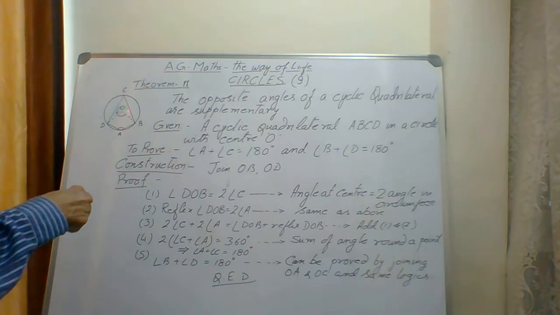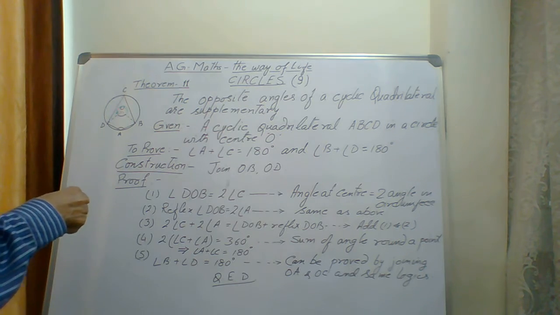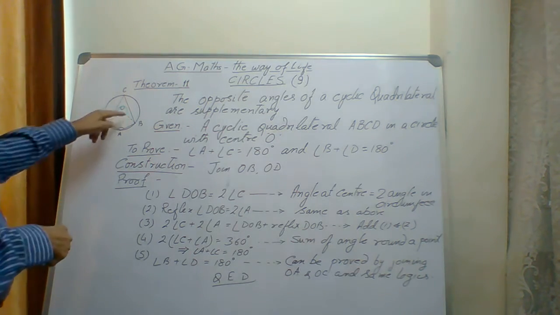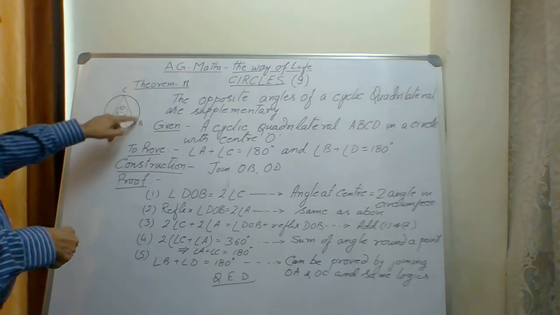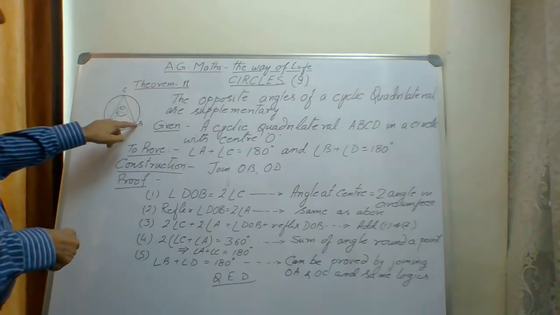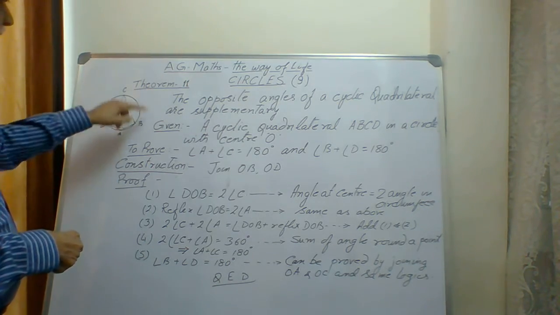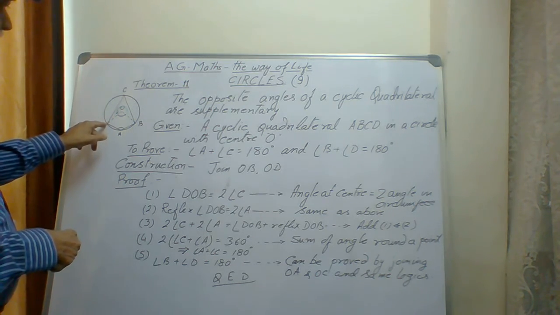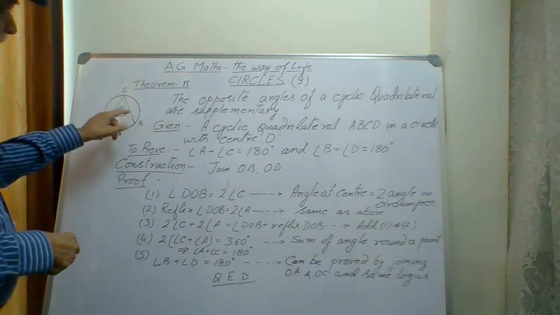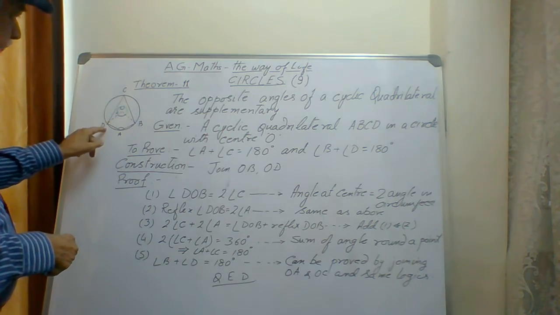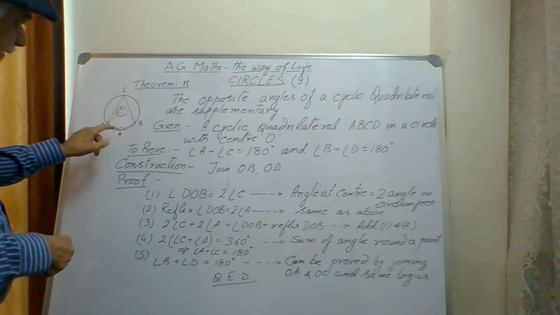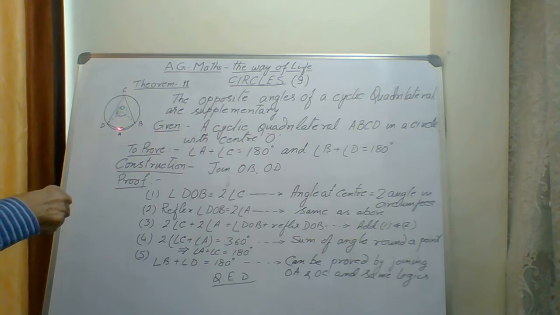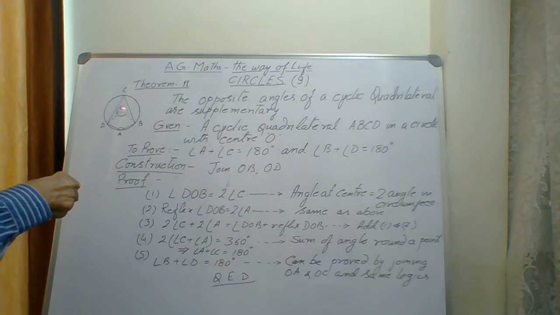It is no more BCD, because when I look at angle BOD reflex, then from B to D, this segment I am taking is BCD. This is the arc. On this arc, the angle subtended is DOB reflex, and this arc is subtending angle BAD at the opposite part.